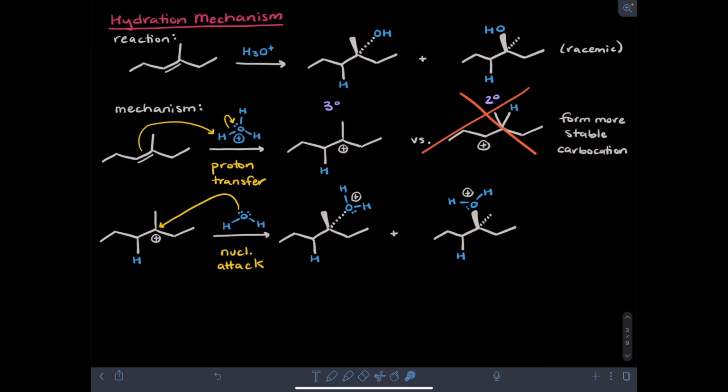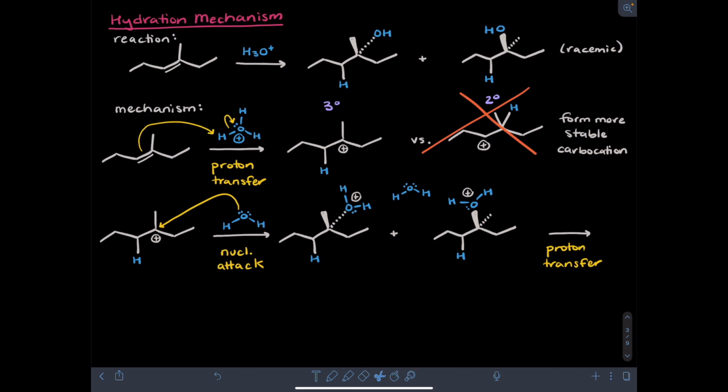If water adds from below, the stereoisomer with a carbon-oxygen dash would be formed, or if water added from above, the stereoisomer with a carbon-oxygen wedge would form. Notice that these are looking similar to the products as I drew them up above, but they still need to lose a proton to make the oxygen neutral.